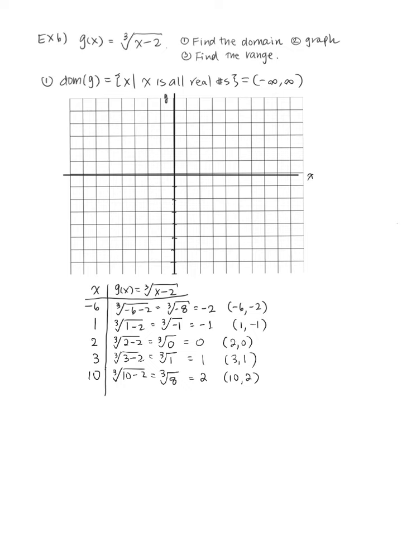So let's do it. We got negative 6 comma negative 2: 2, 3, 4, 5, 6. So this is negative 6 comma negative 2. All right, 1 comma negative 1. So this is 1, negative 1, 2 comma 0.